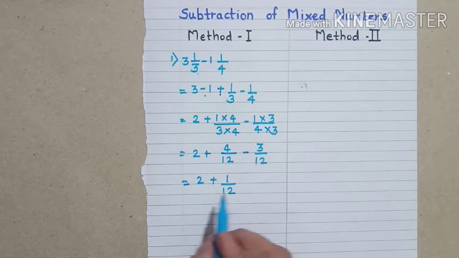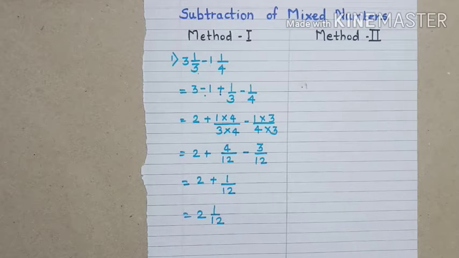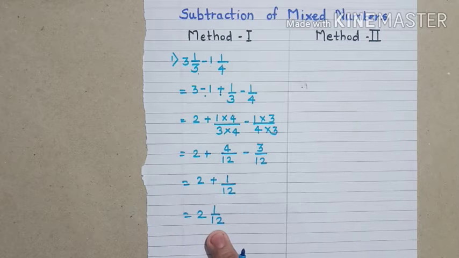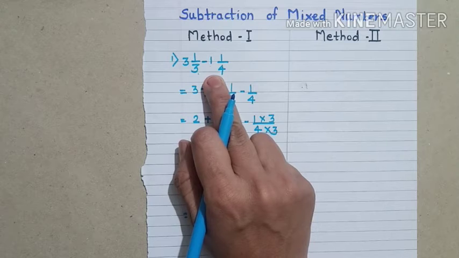Now remove this plus sign and write down 2 integer 1 upon 12. So this is the answer, 2 integer 1 upon 12, of this subtraction of mixed numbers.